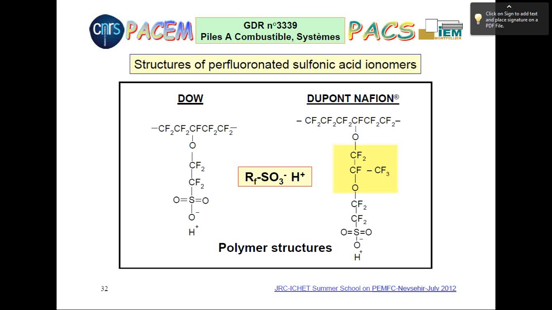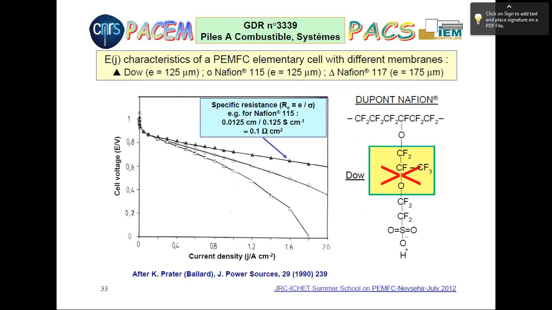No chance to escape from Nafion. So, some experimental results from Ballard a long time ago: three different membranes, Nafion 117, Nafion 115, and the Dow membrane. 117 and 115 mean Nafion with an equivalent weight of 1100, and 5 or 7 is the thickness in mils, thousandths of an inch.